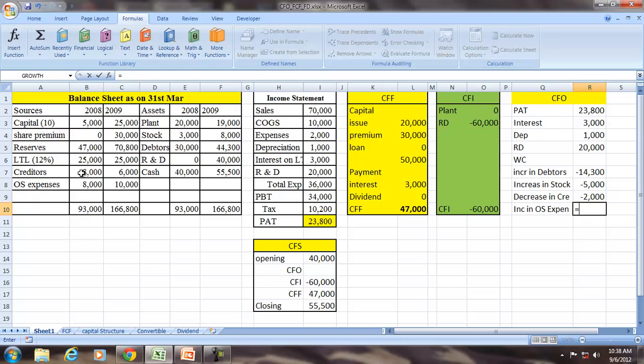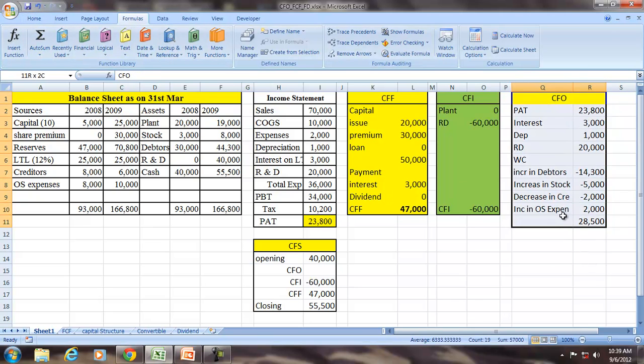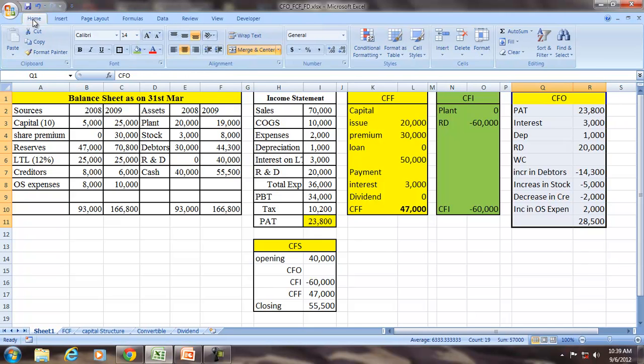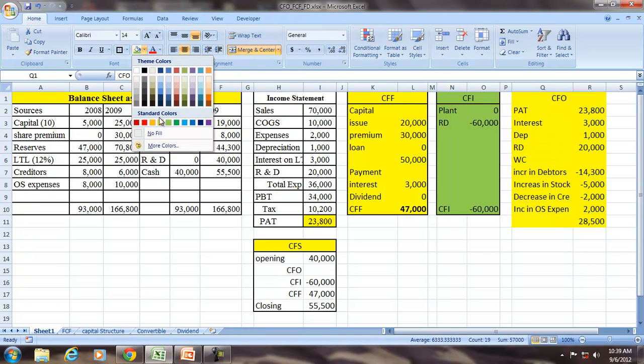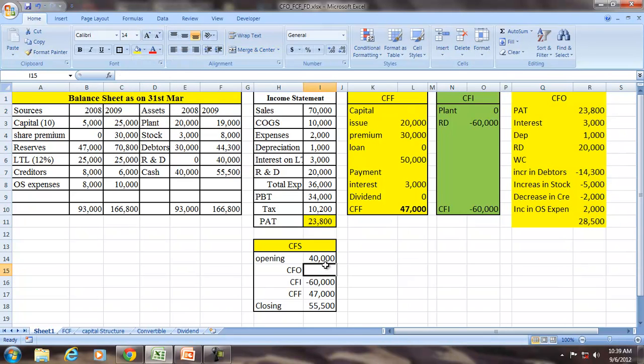That means to that extent, we have not paid money. To that extent, there is no cash outflow during that period. So if we sum this up, we get the cash from operating decisions, that is 28,500. So I put the 28,500 here.